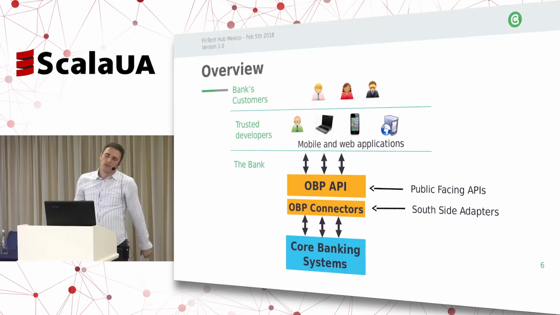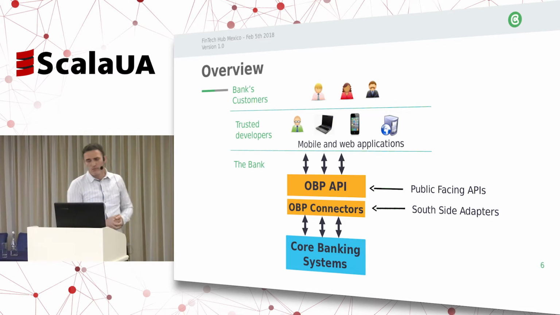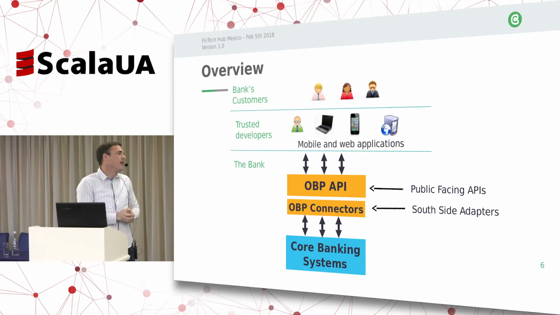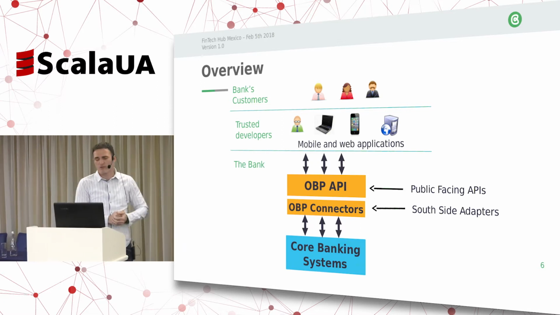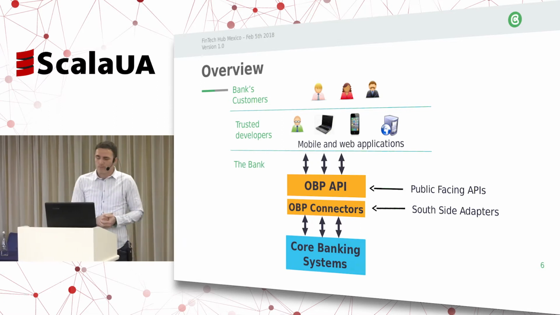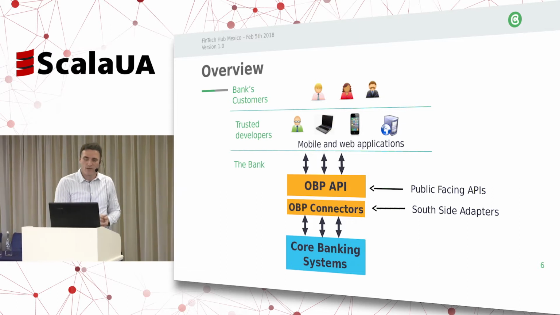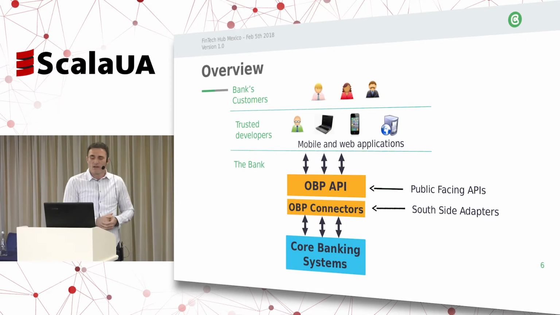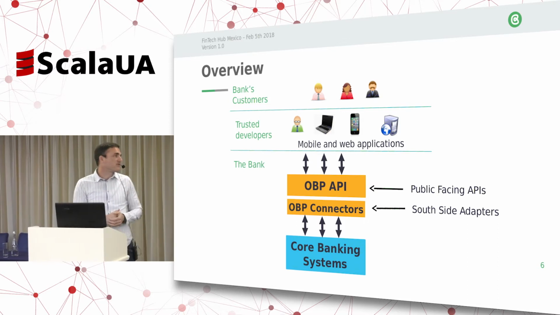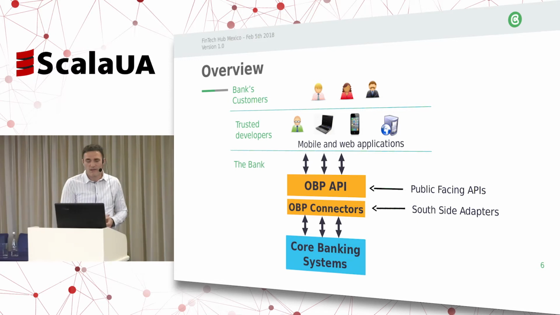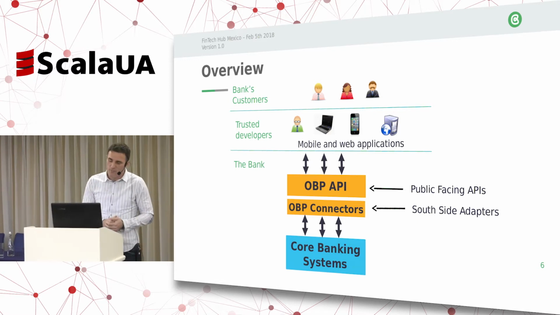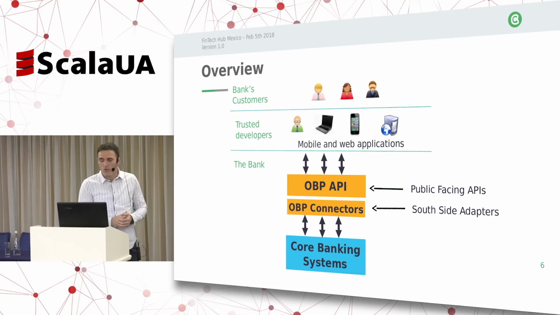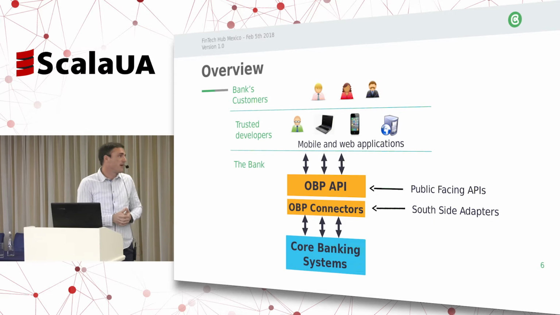Okay, this is a brief overview of the architecture of the Open Bank Project. As we can see, the first layer is bank customers. The second layer is trusted developers, and between trusted developers and the core banking system is the Open Bank Project API layer.